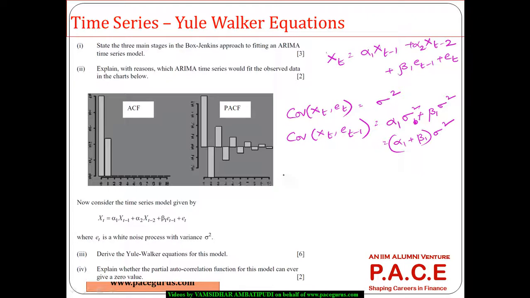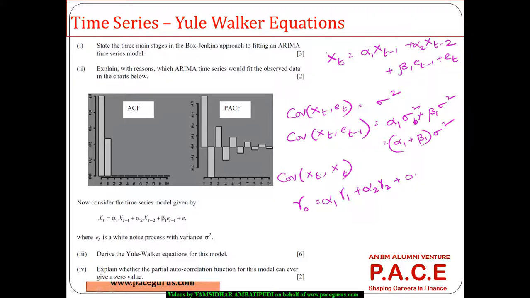Then I can take the covariance between x_t and x_t, which is the variance. I can take this as gamma 0, and here I go with alpha 1 times gamma 1, alpha 2 times gamma 2, so x_t comma e_{t-1} is going to be 0, right?